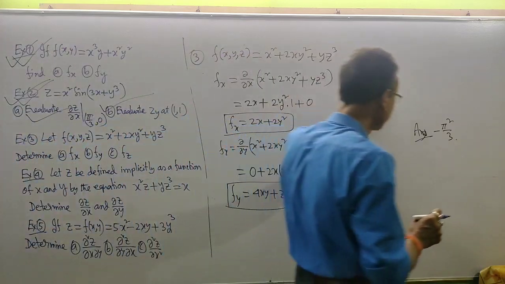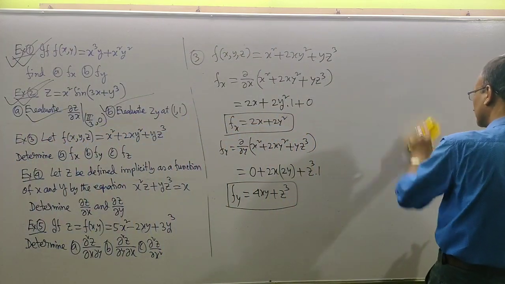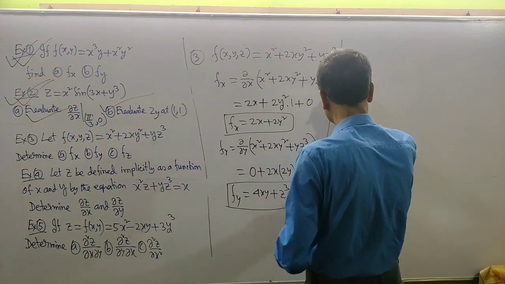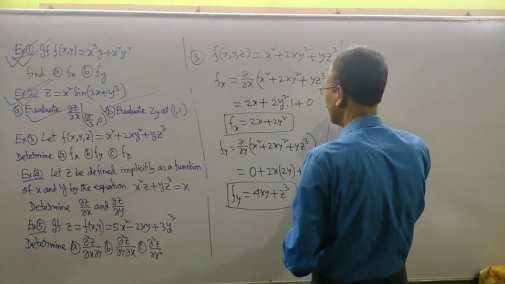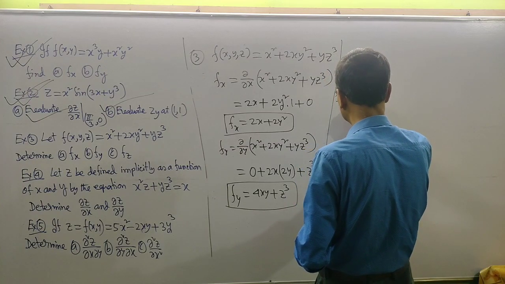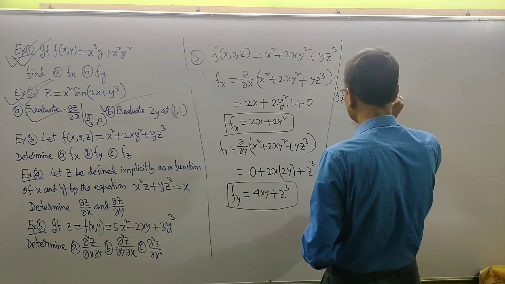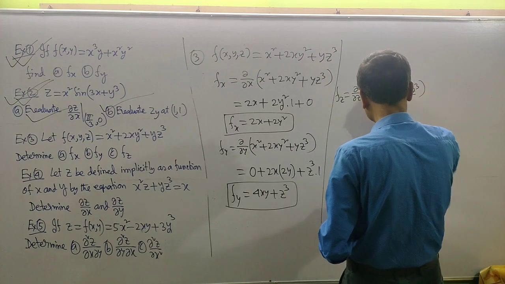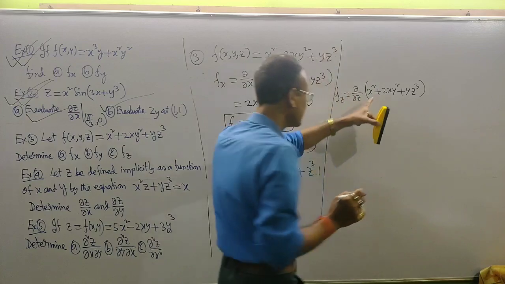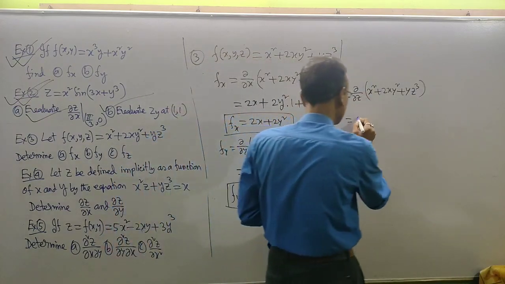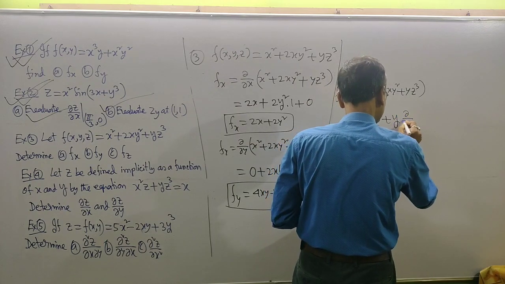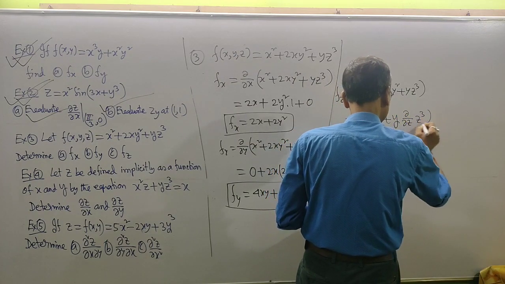Now, what is fz? Similarly, fz equal to del z of x square plus twice xy square plus yz cube. This is equal to, treat x as constant, it is 0, it is also 0, y is constant, del z of z cube.